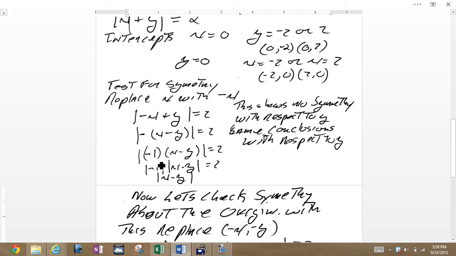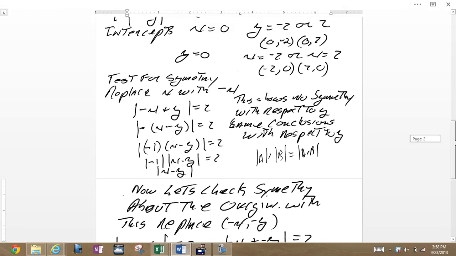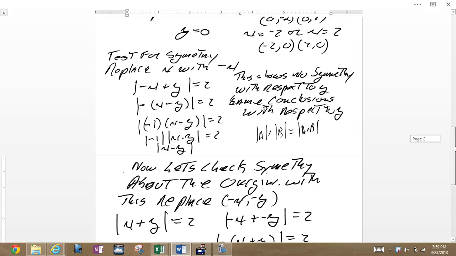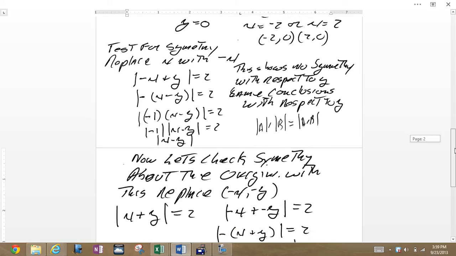And then there's an absolute value property that says the absolute value of A times the absolute value of B is equal to the absolute value of A times B. So that's kind of what I applied there, and in doing that, I'm not back to the original. So therefore, we don't get the symmetry with respect to the y-axis by replacing x with its opposite.